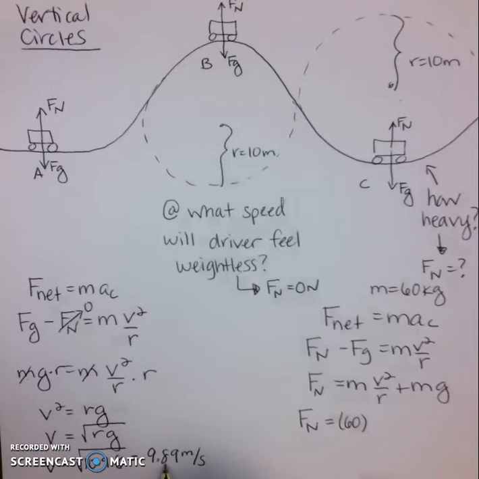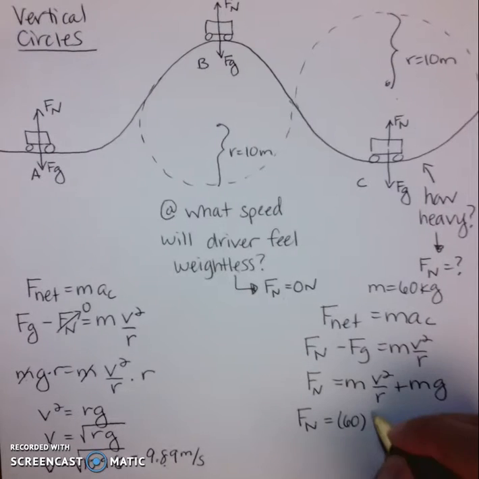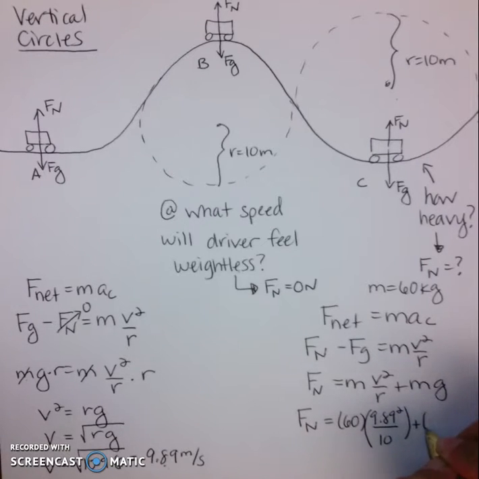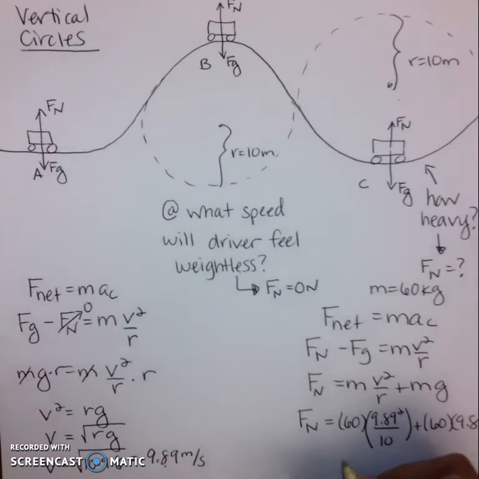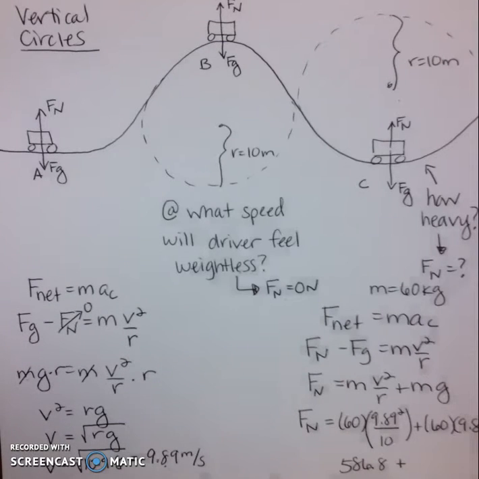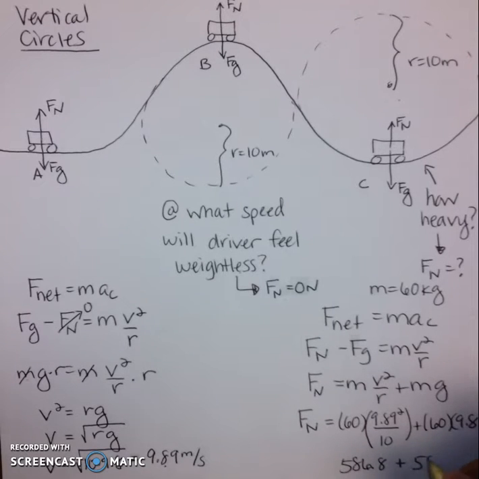So that's the one from point B. So that's 9.89 squared all over 10 meters times 60, plus 60 times 9.8. This is 586.8 newtons plus 60 times 9.8. That's 588 newtons.